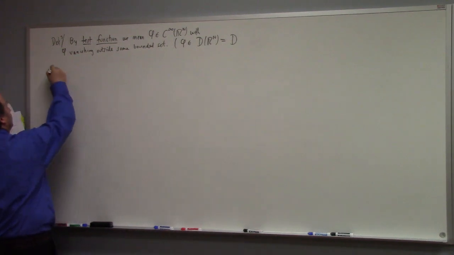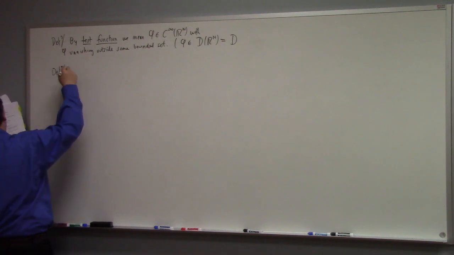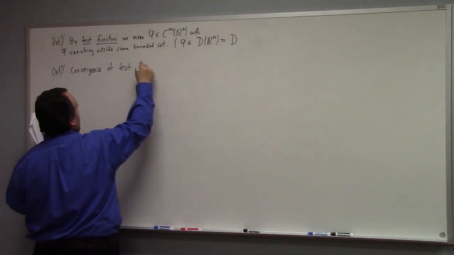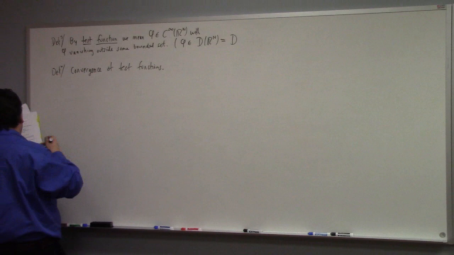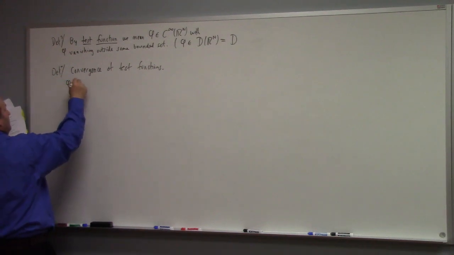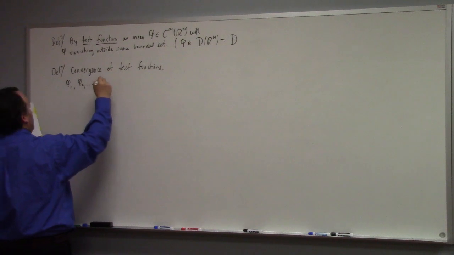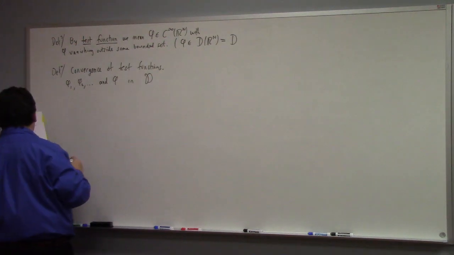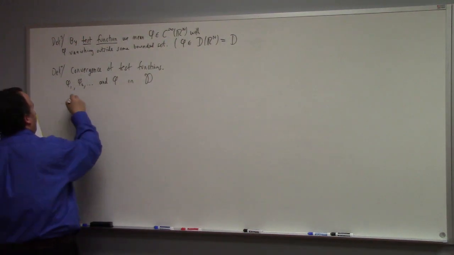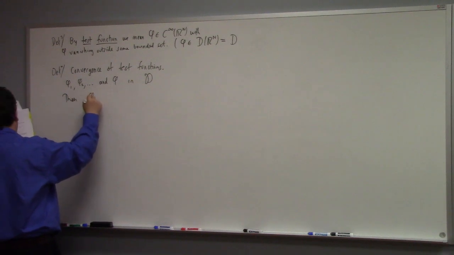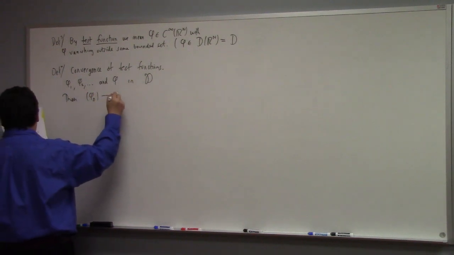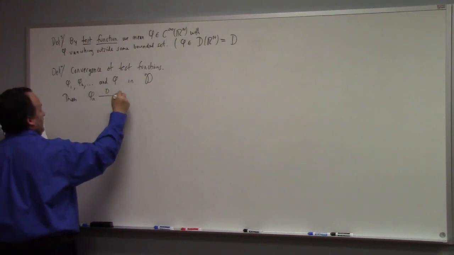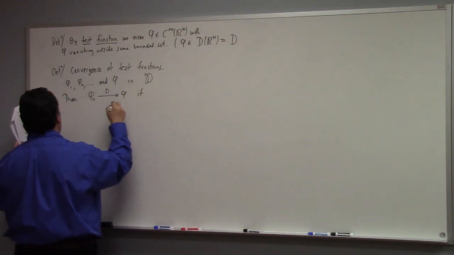But okay, so definition, convergence of test functions. You have phi1, phi2, and so on, and phi in your test functions, all right? Then phi n converges to phi, here's how he writes it, if you need two things.